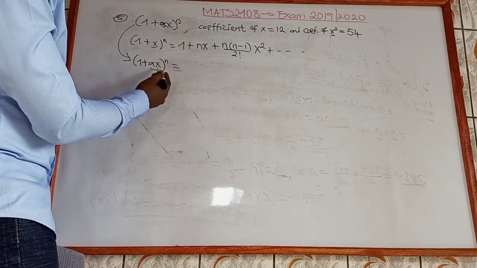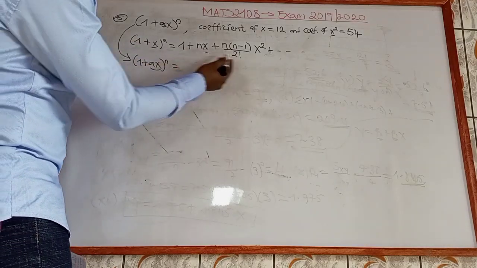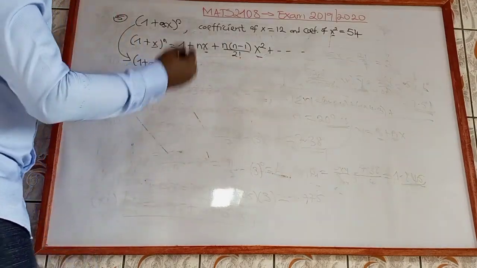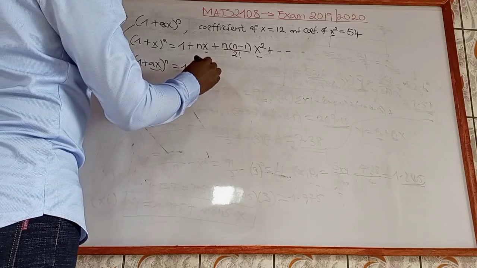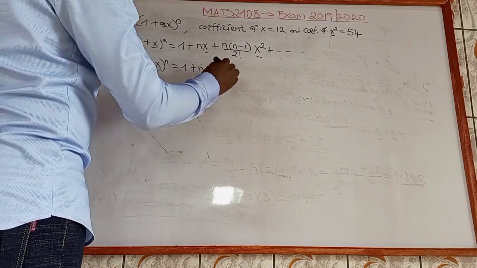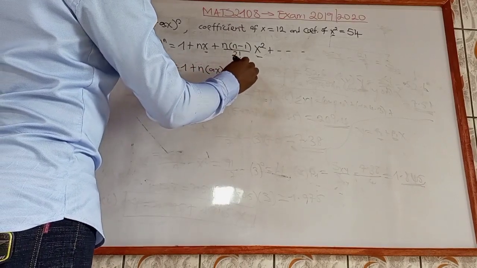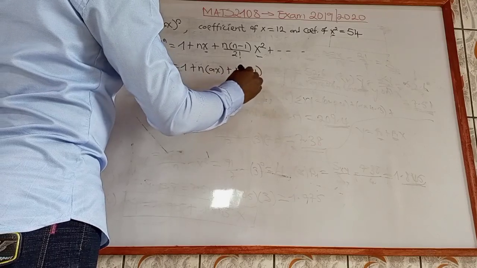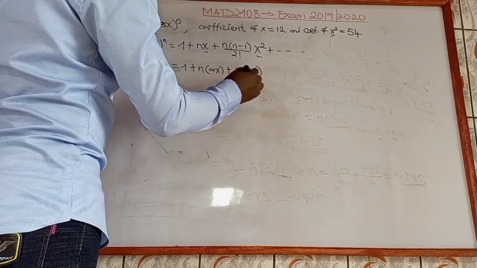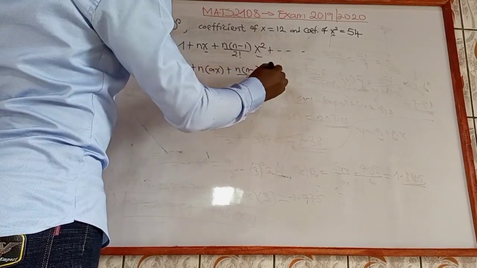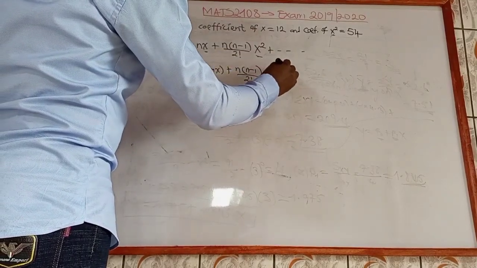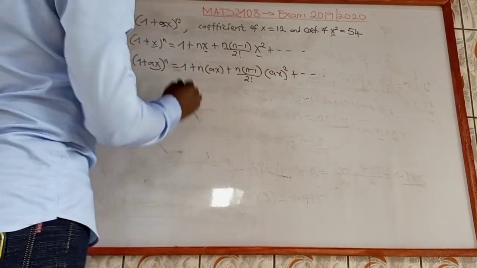So we simply replace x in this by ax. It gives us 1 plus n into ax plus n into n minus 1 on 2 factorial, times ax squared, plus, and so on.